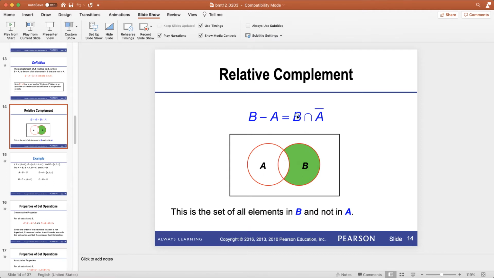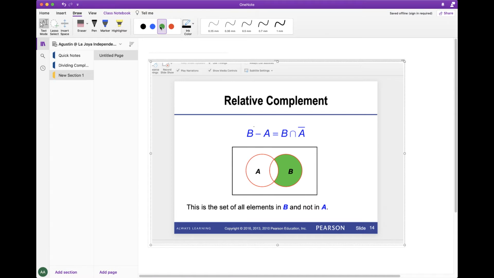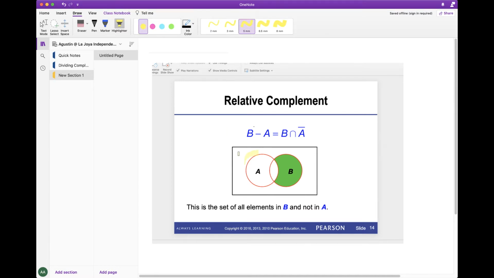So that would be the intersection of B and the complement of A. Okay, so let me see, the complement of A. So the complement of A is everything that is not in A. So it would be everything out here, right?